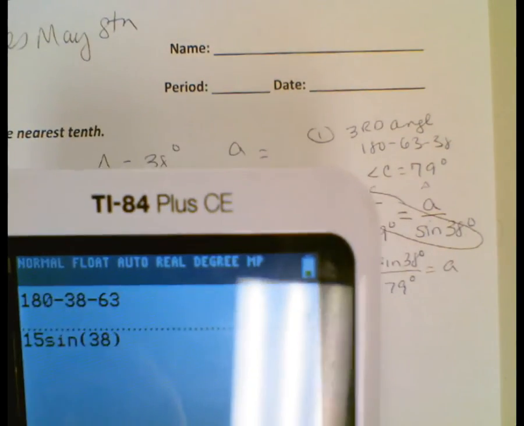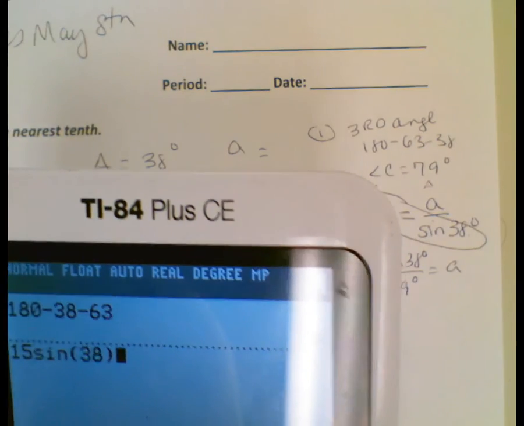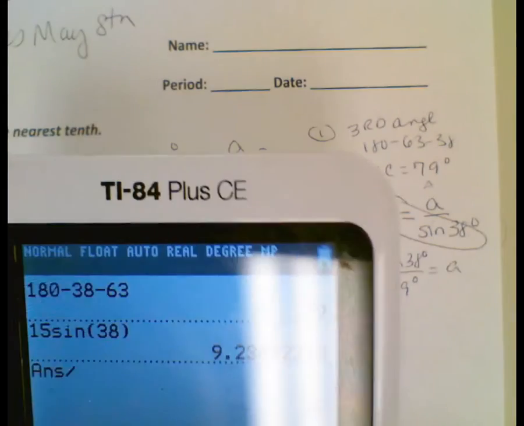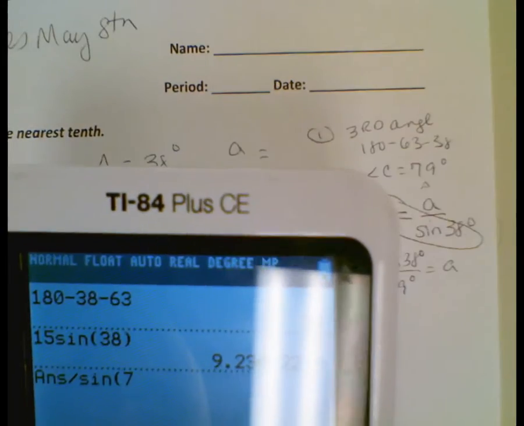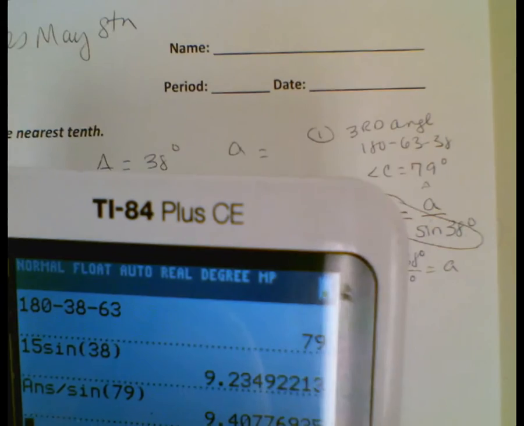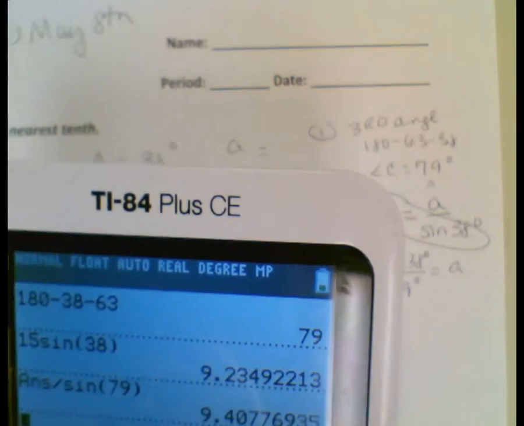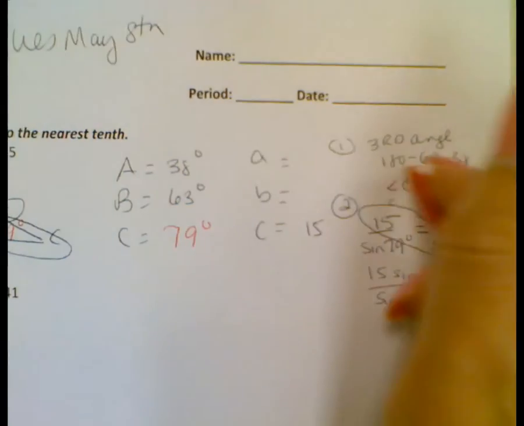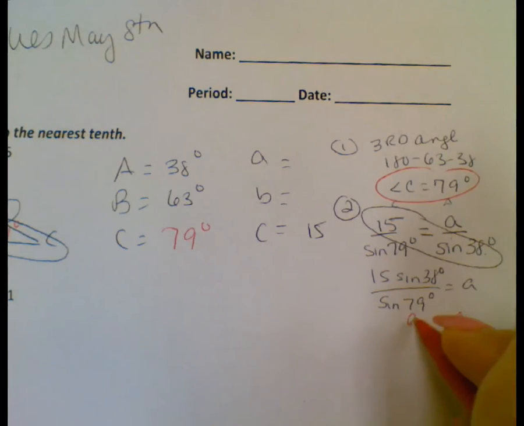Close that parenthesis. Press equals. That's what the top is. Divide that by sine of 79. Don't forget the sine. Sine of 79. So your answer is 9.4. And that is A. So A is 9.4.